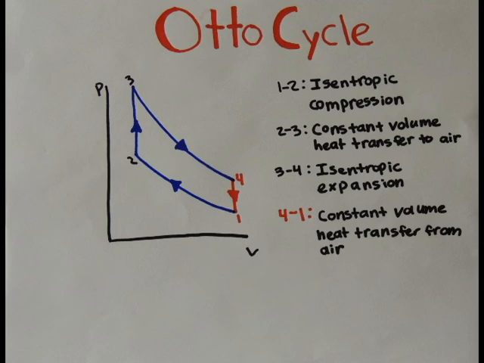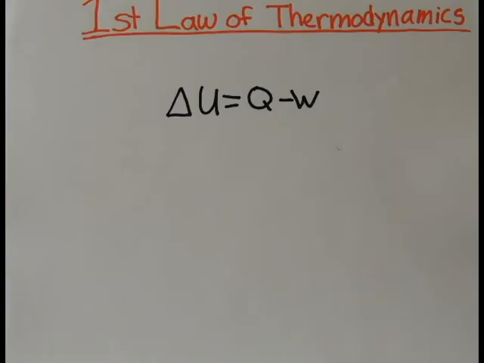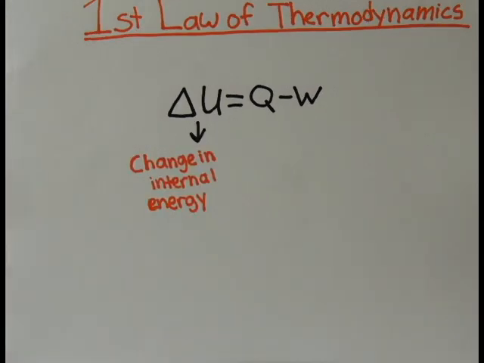Let's start with the first law of thermodynamics. It is the first law, so it is where we should begin. The first law of thermodynamics deals with the conservation of energy. It states that the energy that crosses the boundary is equal to the change in energy in the system. Here, delta U is the change in internal energy.